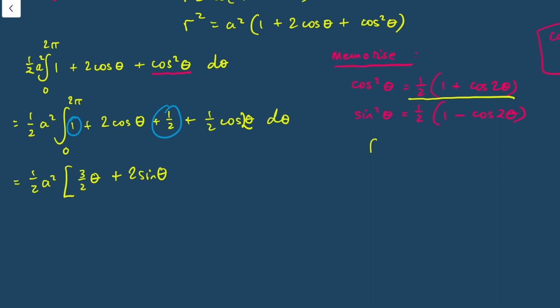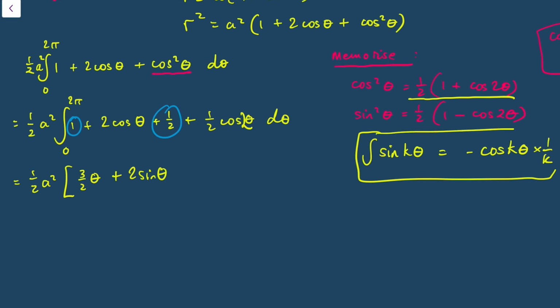Remember, the integral of sine k theta, or cos k theta, is always going to be, in this case, negative cos k theta times 1 over k. So hopefully you remember that from P4, but this is going to give me 1/4 sine 2 theta.